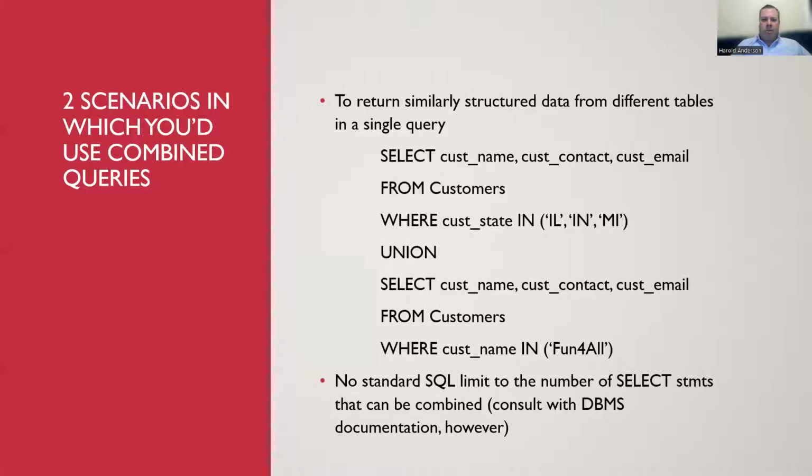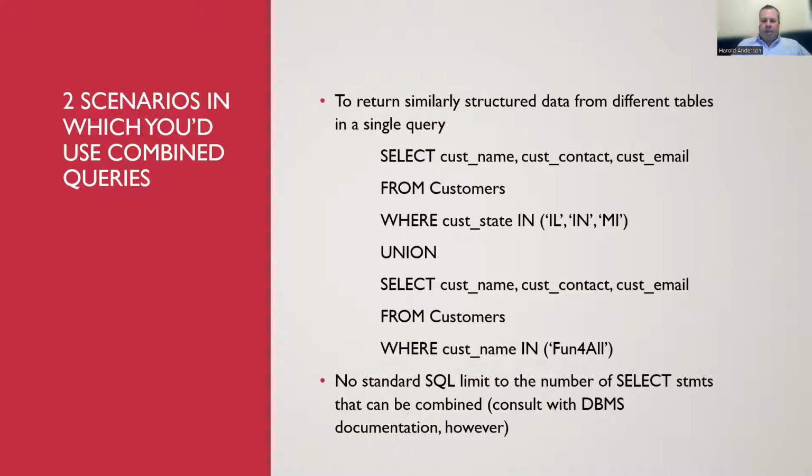So, unions: 2 scenarios in which you'd use combined queries to return similarly structured data from different tables in a single query. Before I get to the second scenario, here's what that looks like. You've got your select statement listing the table name, then you're using where to filter, and then there's that union statement combining.